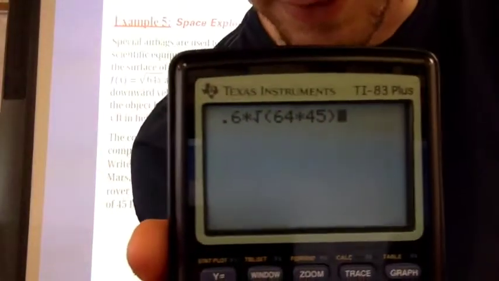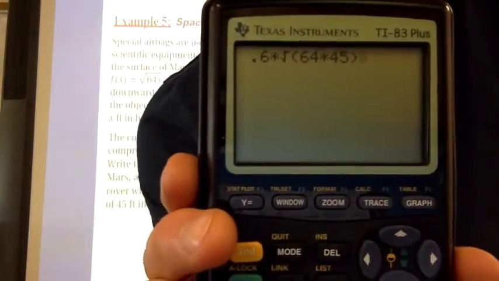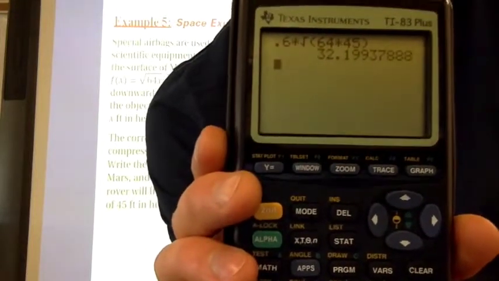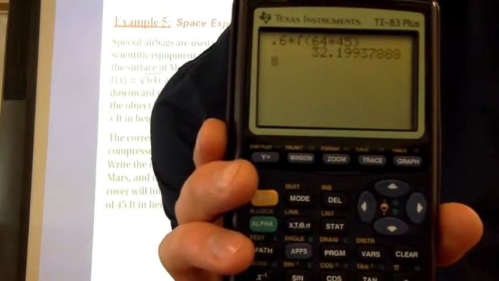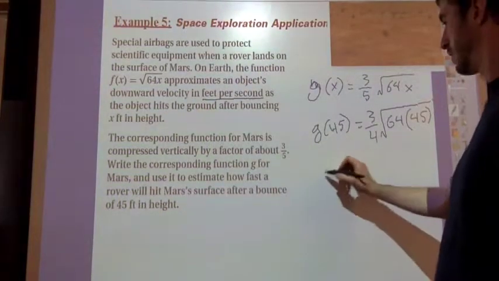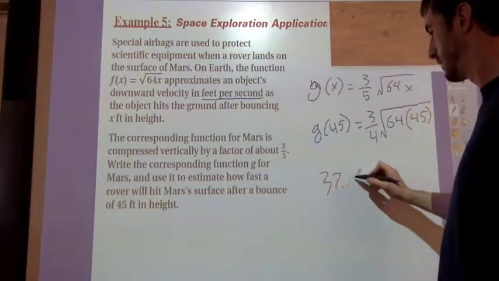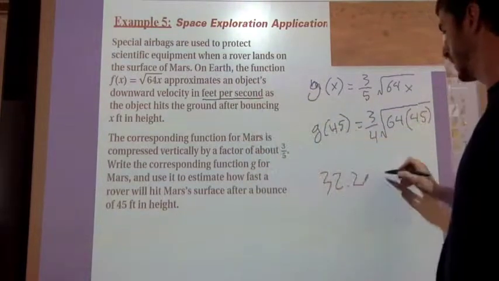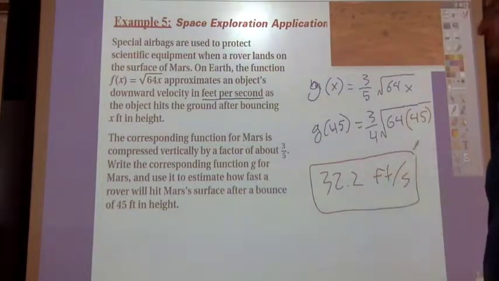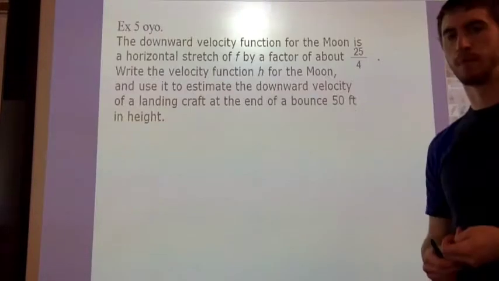And that's what it looks like. I've got 0.6 times the square root of 64 times 45, and we get 32.2. 32.2, we're in feet per second. So there you go. Simple plug and chug.